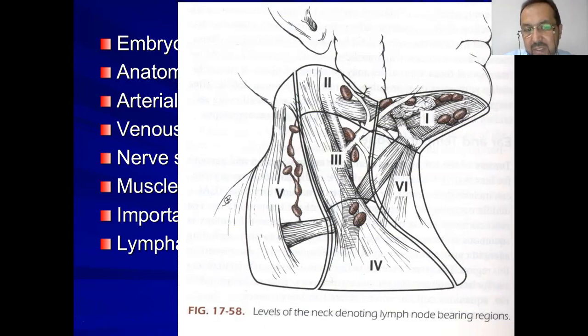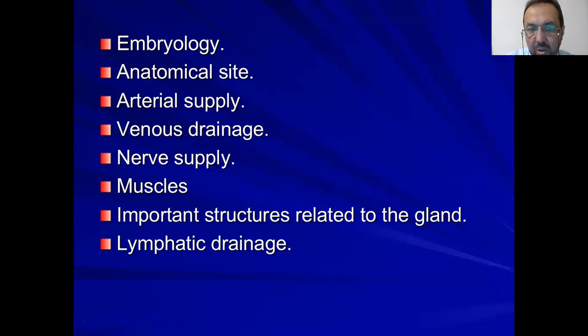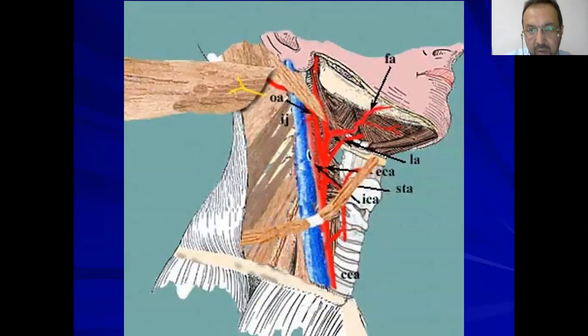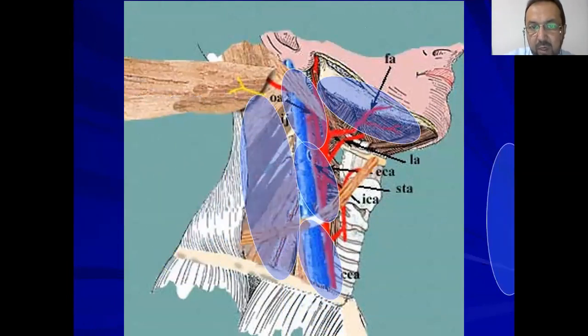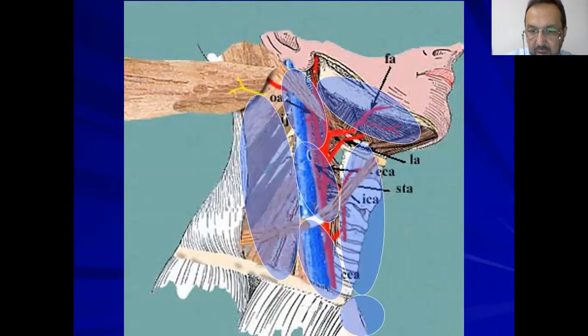And then level 7, which are present in the superior mediastinum. And we have a very short animation for these lymph nodes, again to imagine their presence. These are level 1, 2, 3, 4, 5, 6, and 7.